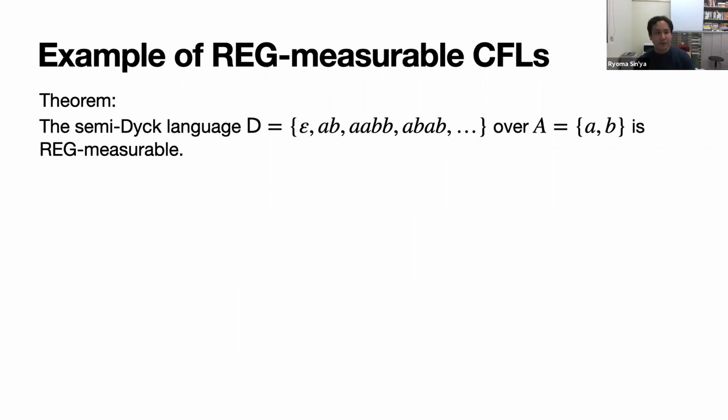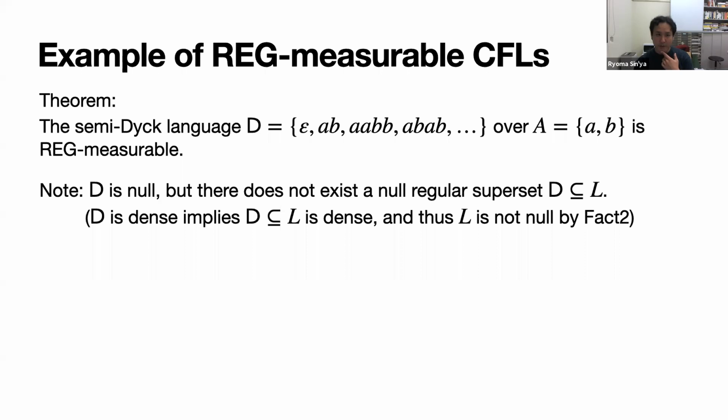The theorem states that this language D is measurable. We notice that D has no best approximation by regular languages, because by Fact 2, there does not exist a null regular superset of D, while D is null.